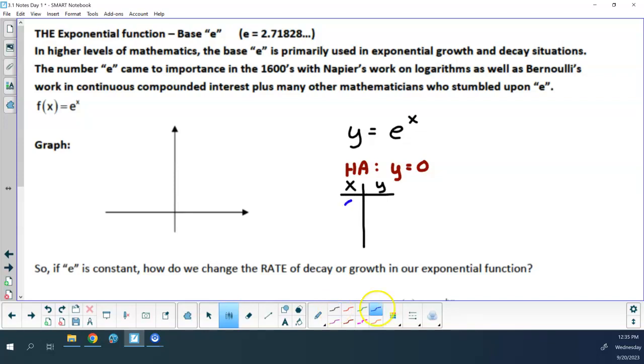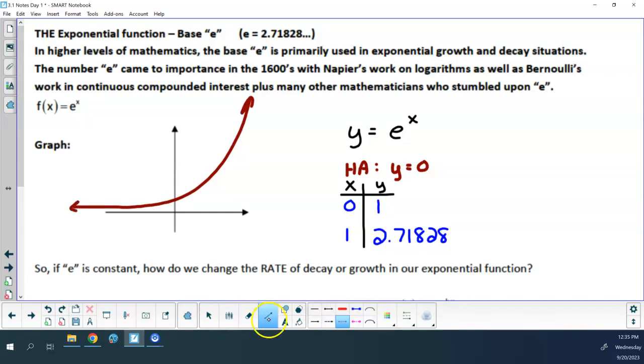It goes through the point 0, 1, and 1, e, which would be like 2.71828. Okay. So it's going to look like this. Going to have a horizontal asymptote right there.